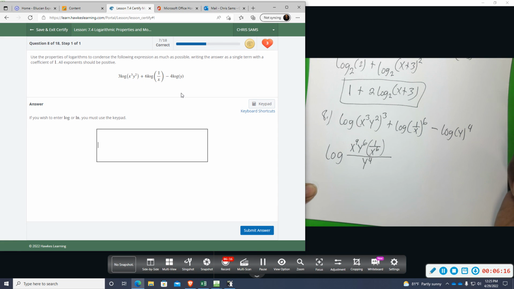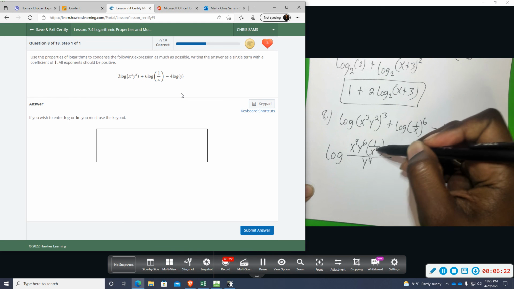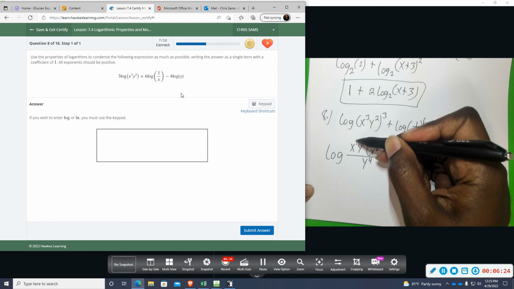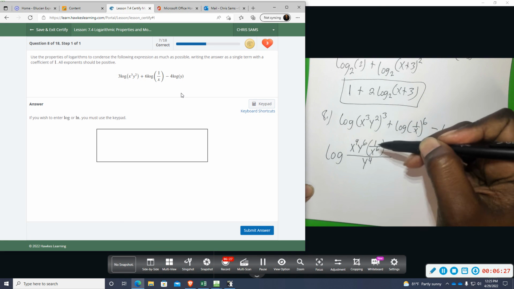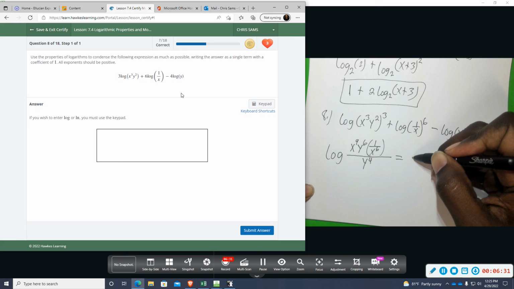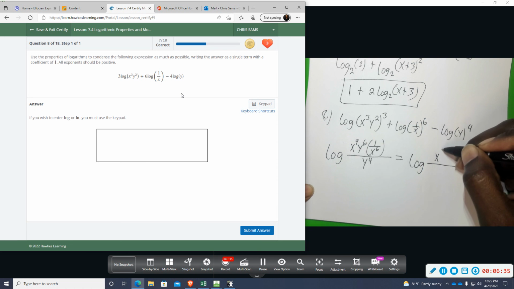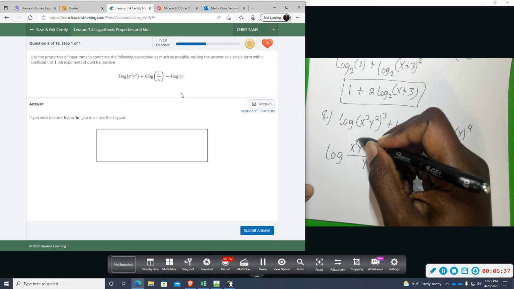Now, we will do property of exponents to reduce these even further. So notice we have an x to the 9th, and we're dividing by x to the 6th. Property of exponents says to subtract those exponents. So 9 minus 6 will give you 3. So this will be log of x to the 3rd. So that's just doing the x's.